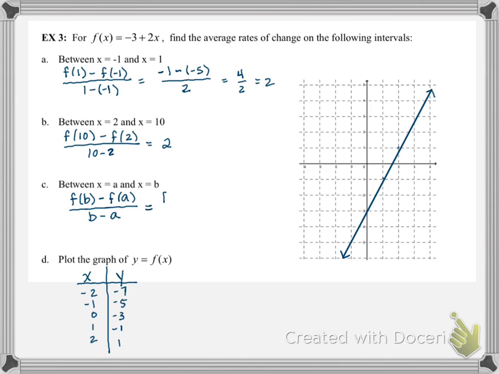So -3 plus 2b. And then f of a is just what I get if I replace x with a. So -3 plus 2a.